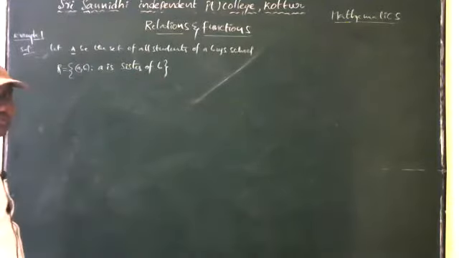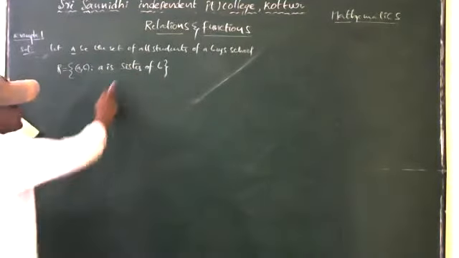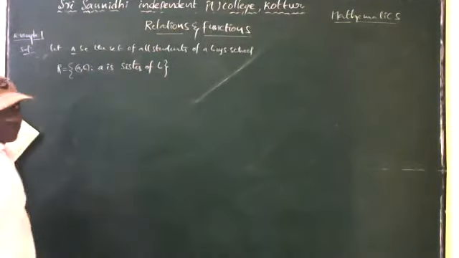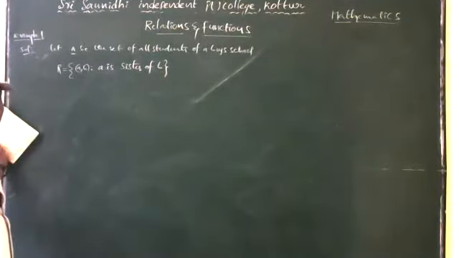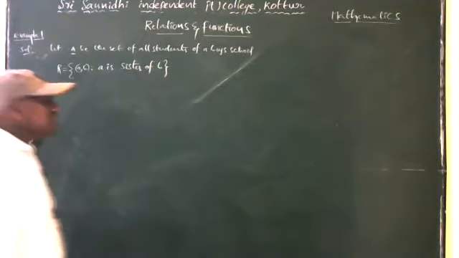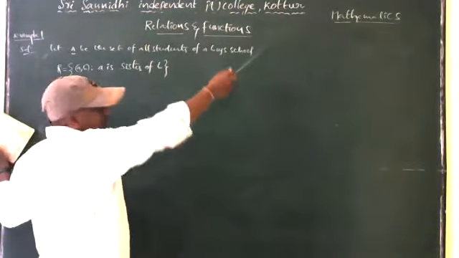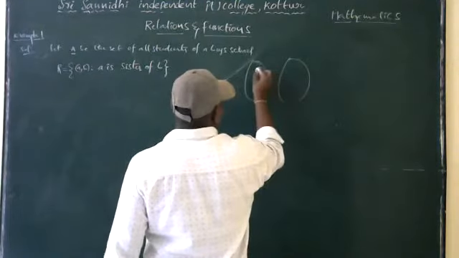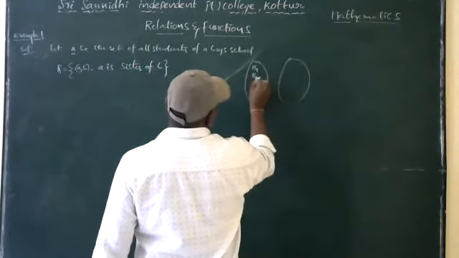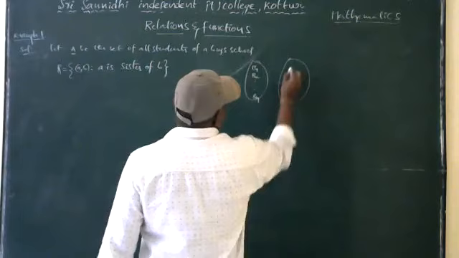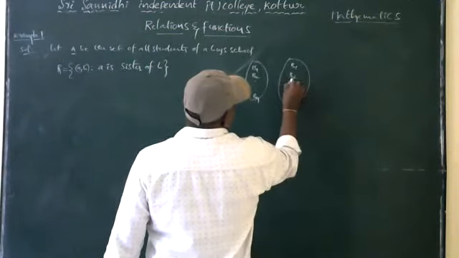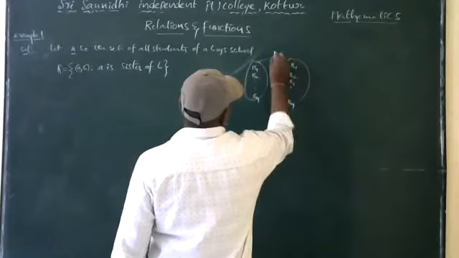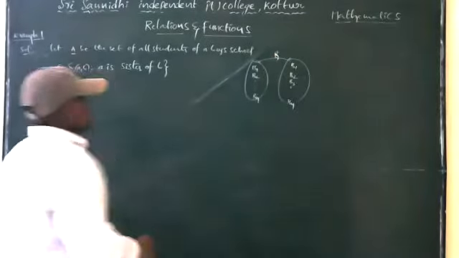Is the condition possible? See, a is sister of b. Here in set A, the set of students is all boys. In set B also, in both cases boys only. Here boy 1, boy 2, and so on boy n. Here also boy 1, boy 2, boy 3, and so on boy n. Here they define the relation. Right. A to A.